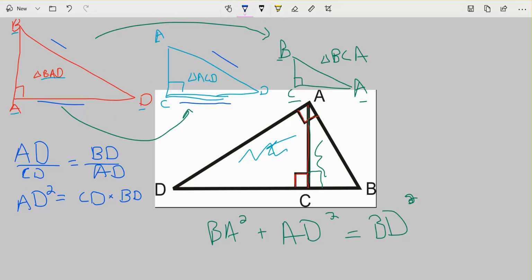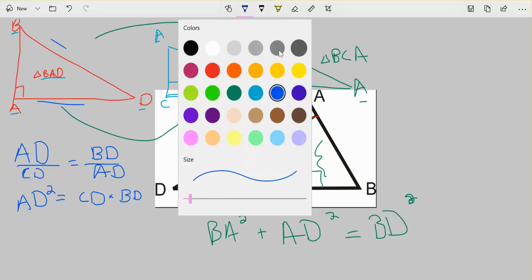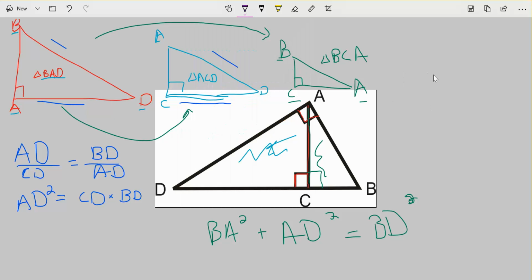Now I'm going to do the first and the third triangle. I'm going to do that over here. I know that BC on this triangle, that's this shorter side, is going to be proportional with the same shorter side on the first triangle, BA, and that is going to be equal to the hypotenuse on this triangle, which is BA, over the hypotenuse on this triangle, which is BD.